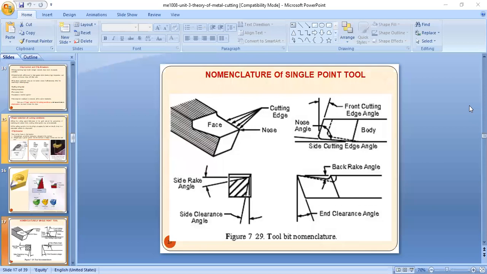That is because it provides greater cutting speeds, V = πDN/60, and the tool life is increased, and quick heat dissipation is there. Heat is dissipated, and naturally we have a good surface finish on the workpiece. That is the significance of the side cutting edge angle.